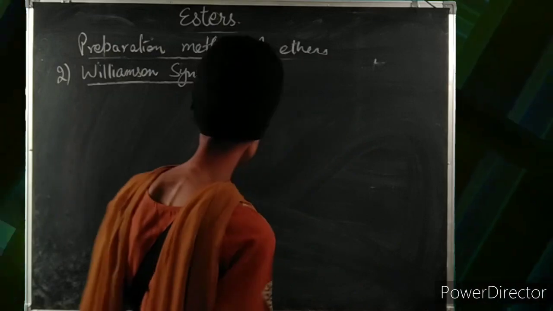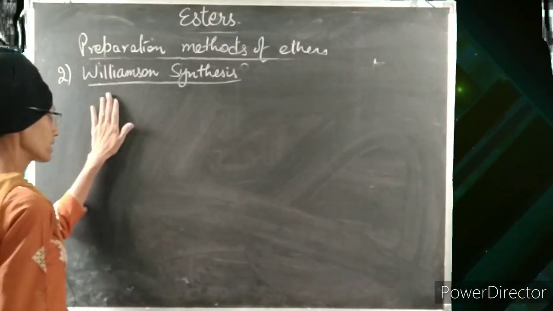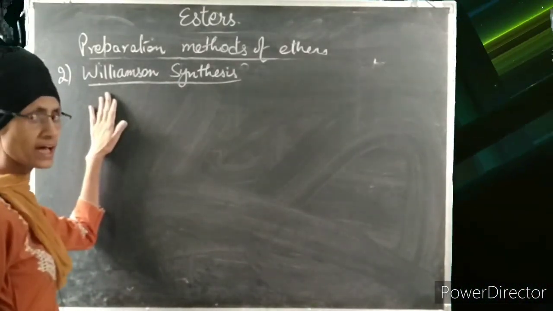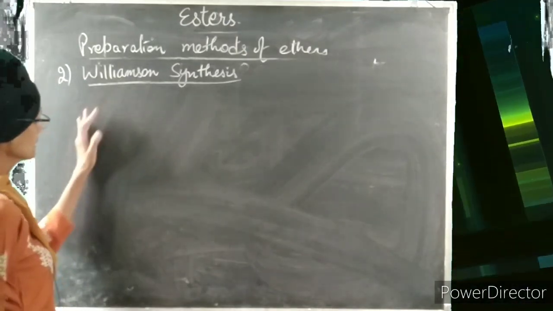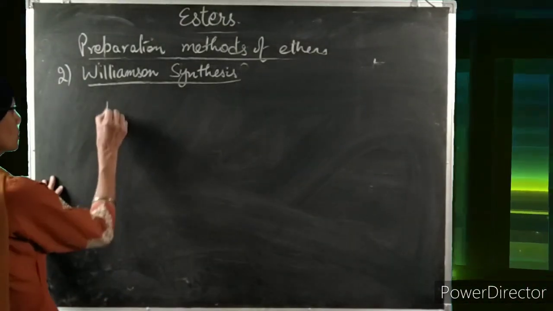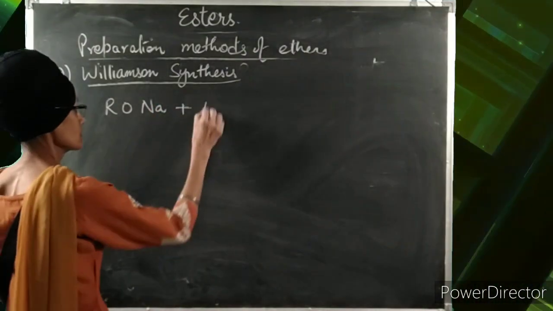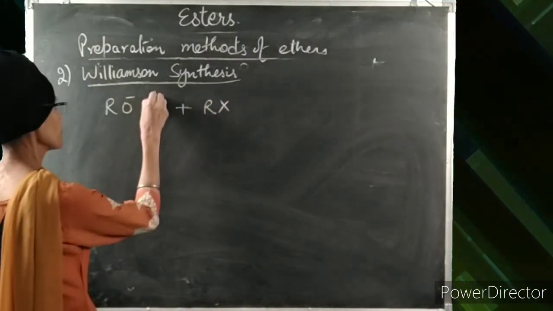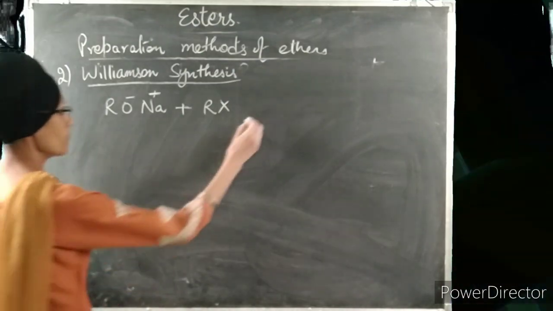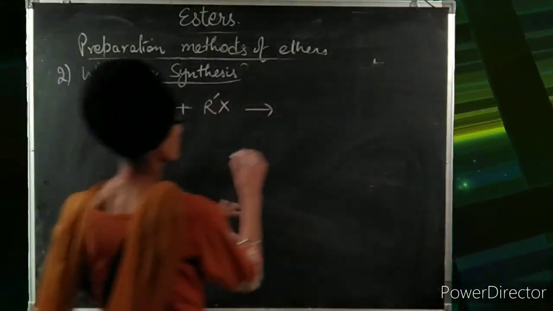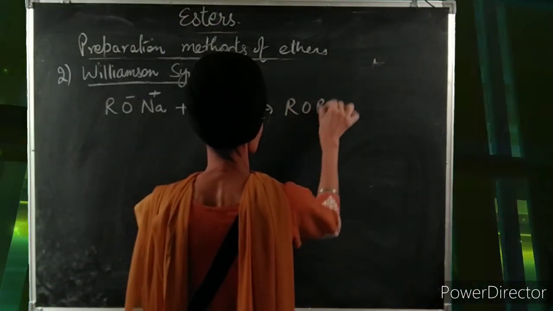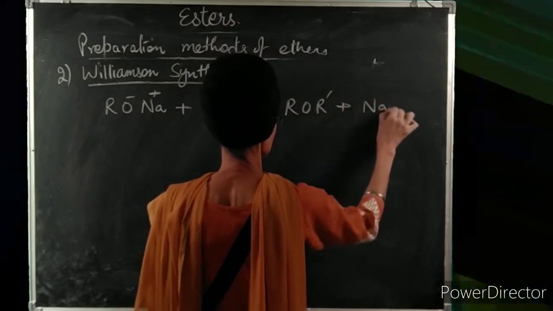So let us see how. By this method we can prepare symmetrical as well as unsymmetrical ethers. So this is sodium alkoxide plus haloalkane molecule. What will happen? Ether will be formed, the general reaction, and sodium halide is formed.